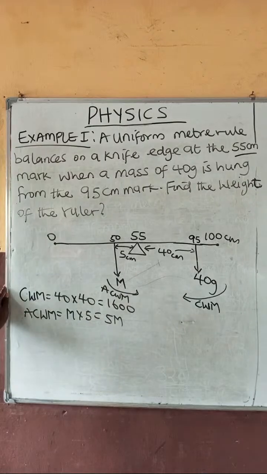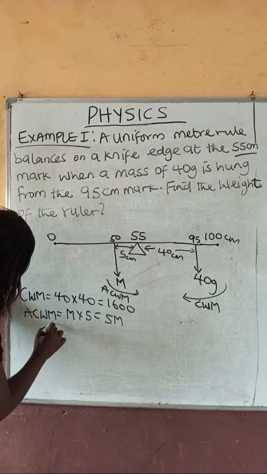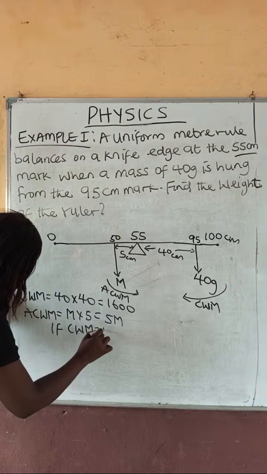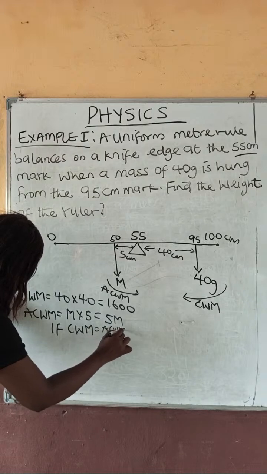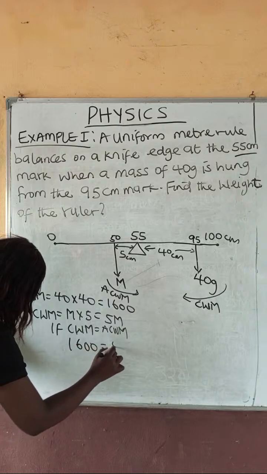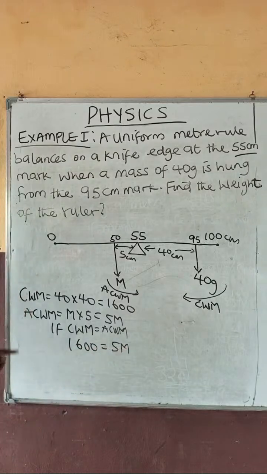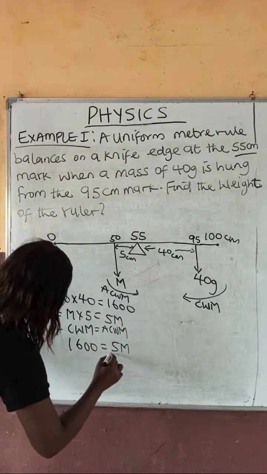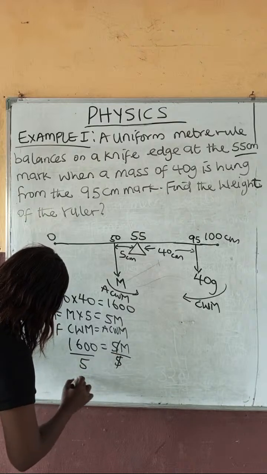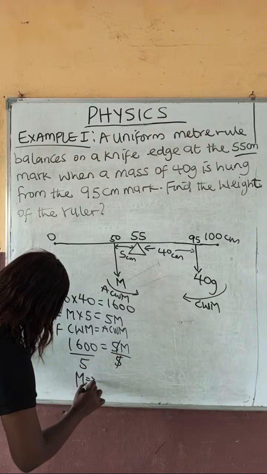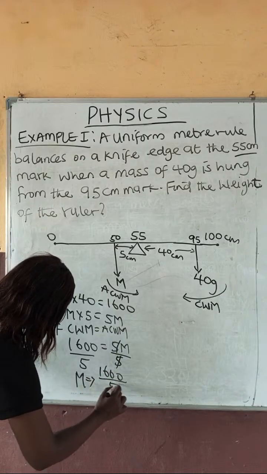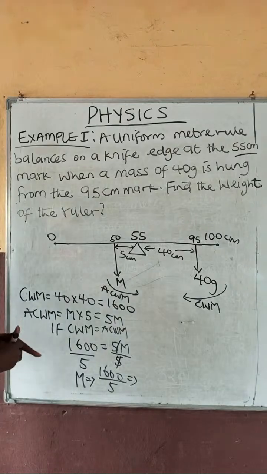Then if clockwise equals anti-clockwise, we divide one side by what? We cancel. So this is m is equals to 1,600 over what? 5. What do we have?